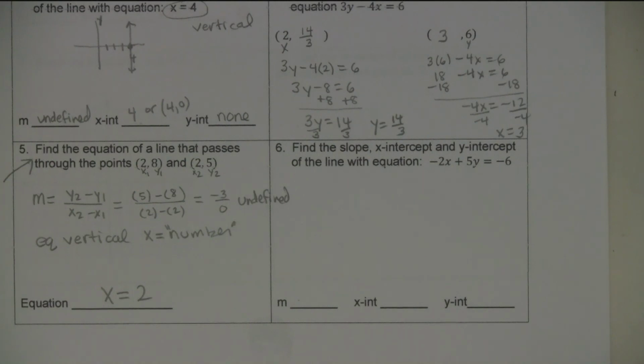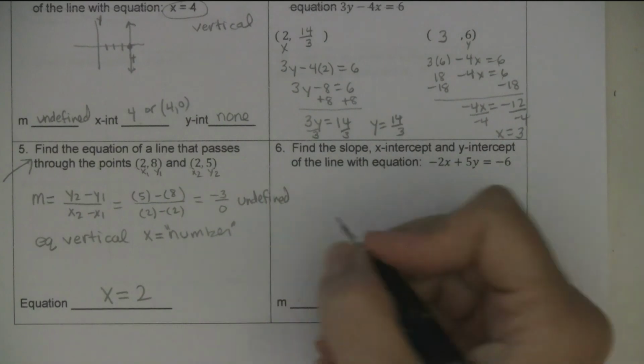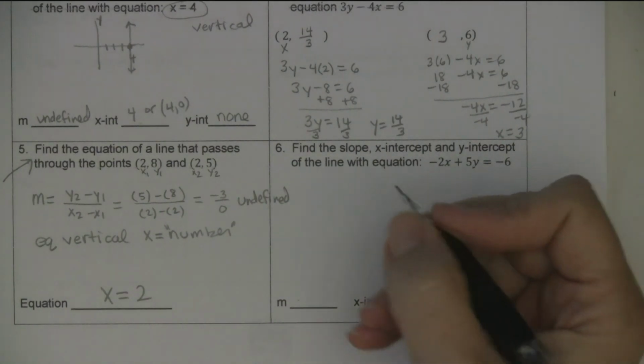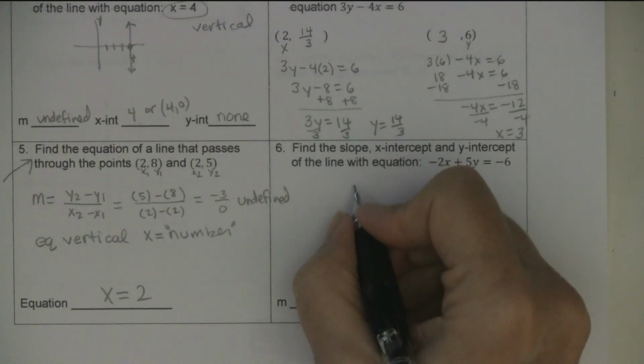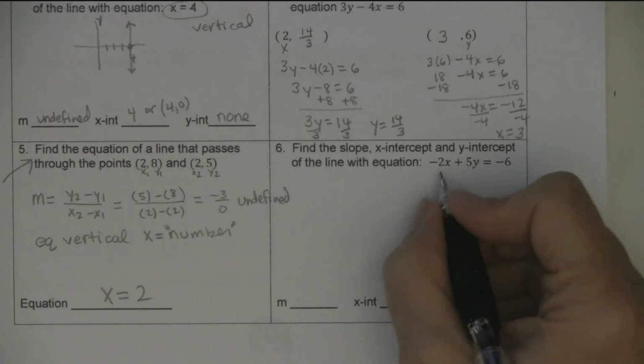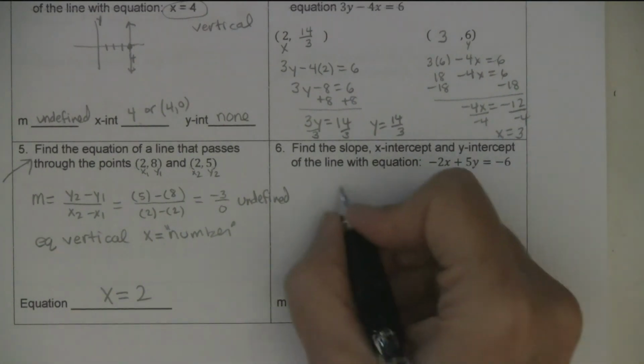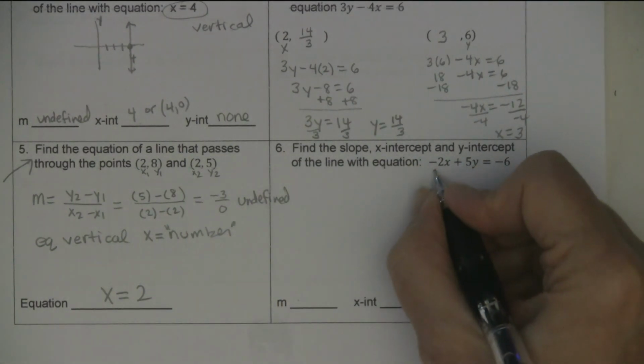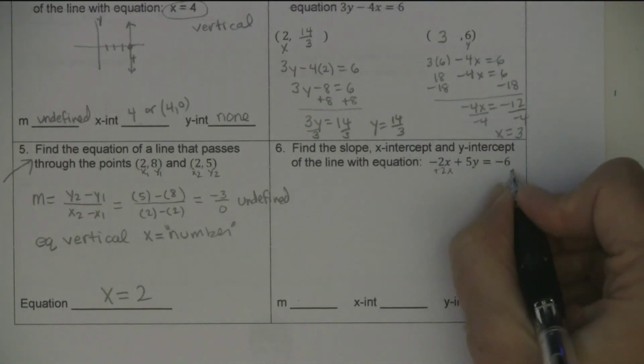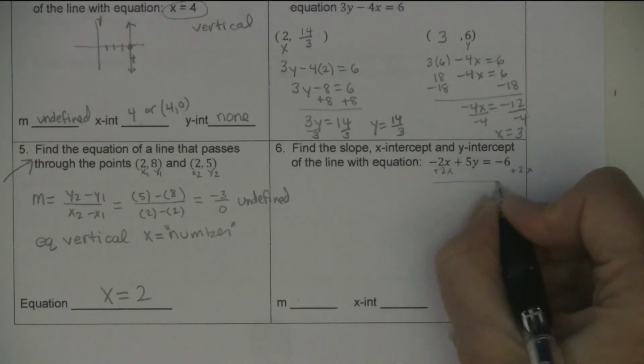Find the slope and the x-intercept and the y-intercept of the line with this equation. So I want to find the slope and the x-intercept and the y-intercept. So find them in any order that you want. It does not matter. To find the slope and the y-intercept easily, you would solve this equation for y. So I'm going to start by adding 2x to both sides, and that's called slope-intercept form.